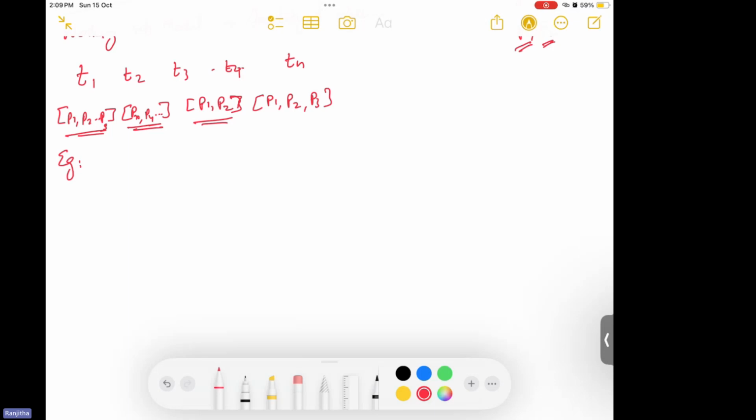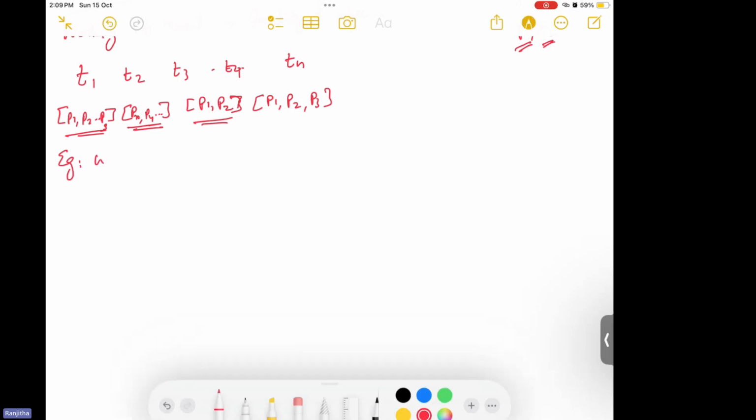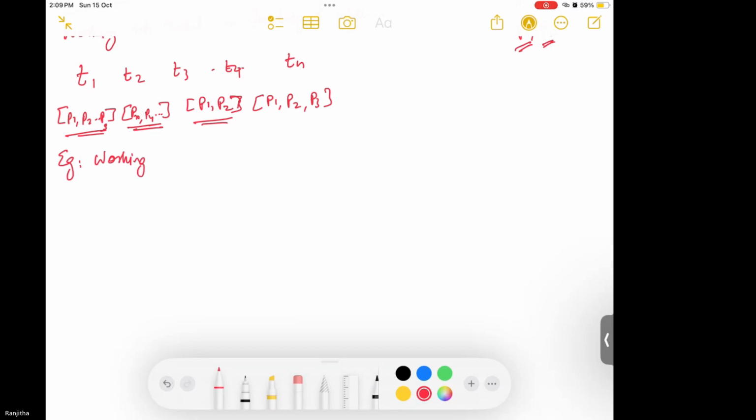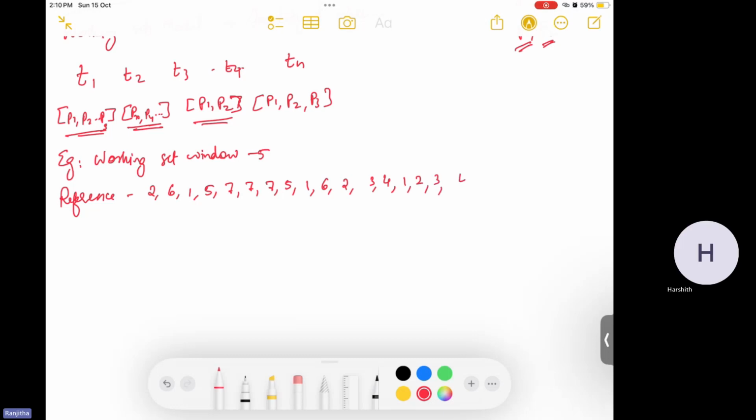Let's take a working set window as 5, and the page reference string for the particular process is 2, 6, 1, 5, 7, 7, 7, 5, 1, 6, 2, 3, 4, 1, 2, 3, 4, 4, and 4.